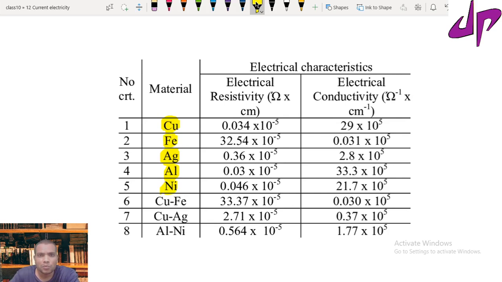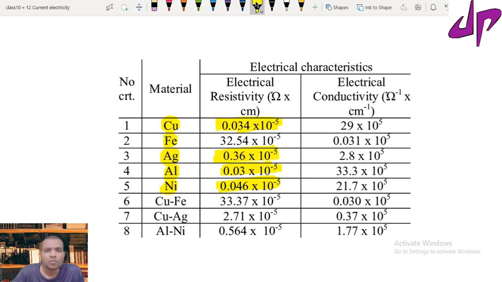First we can see the property of electrical resistivity, which is very low for them. It is the resistance per centimeter, for copper, silver, aluminium and nickel. These materials have very low electrical resistance.